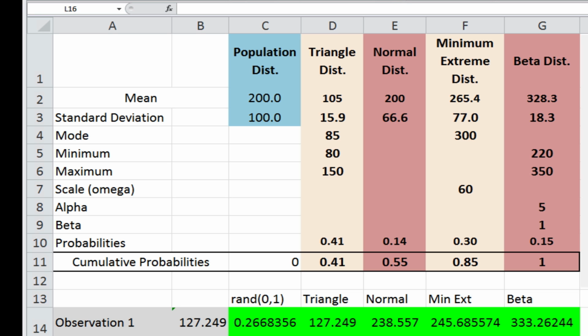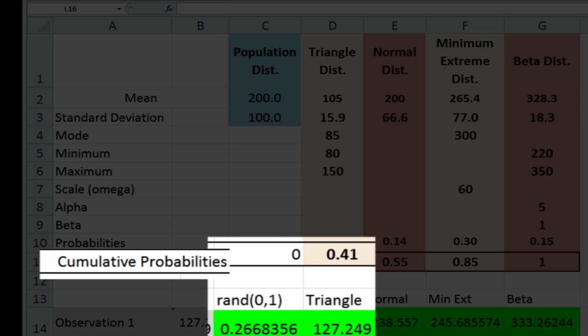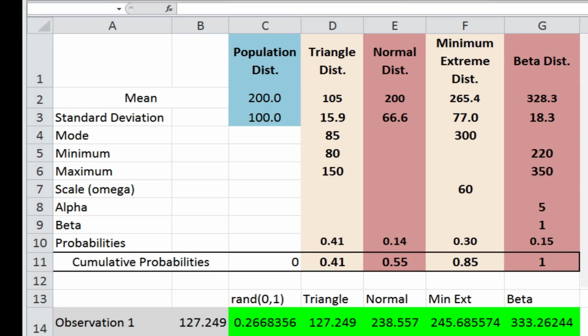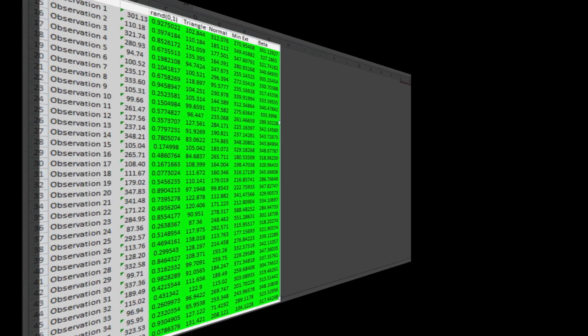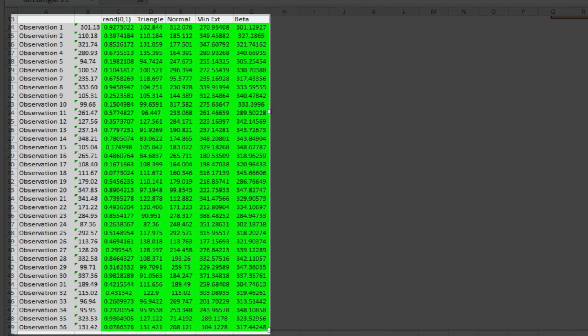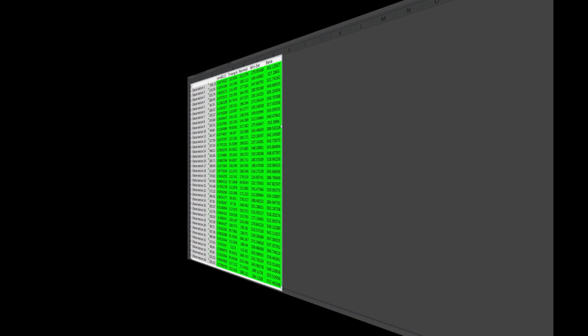The next random number is between 0 and 0.41. That means we'll take the value from the triangle distribution, and so on. All that remains now is to copy the whole thing 36 times, and now we have observations from 1 to 36, or however many we want, and we are done.